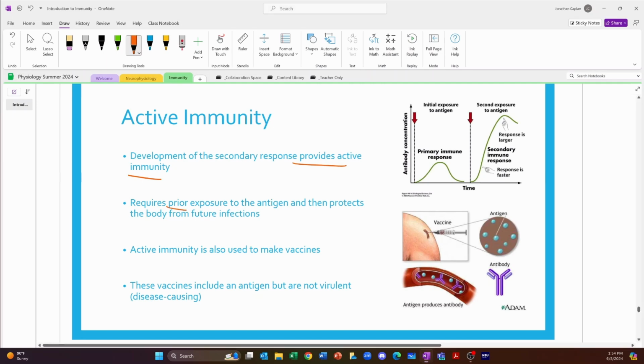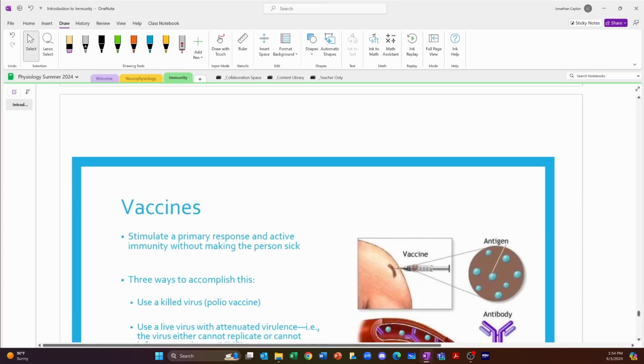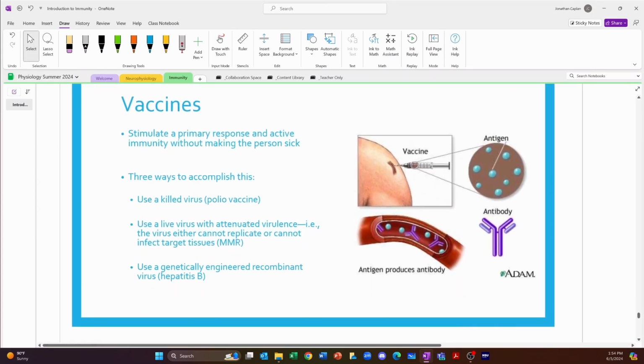Again, it requires prior exposure. We have to have been exposed to something in order to make those memory cells and make all the antibodies. This is also used to make vaccines, and the vaccines aren't virulent, so they can't really cause diseases. All vaccines do stimulate that primary response without making you sick.